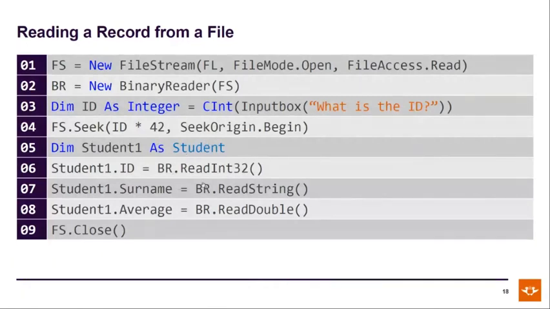Then you can read that information. So you can start by reading your integer back, your ID. You can read your string back, your surname, and you can read your double back, your average. It allows you to search for that. So instead of having to go through a for loop to find a specific student, you can now just search for that student via its ID itself.